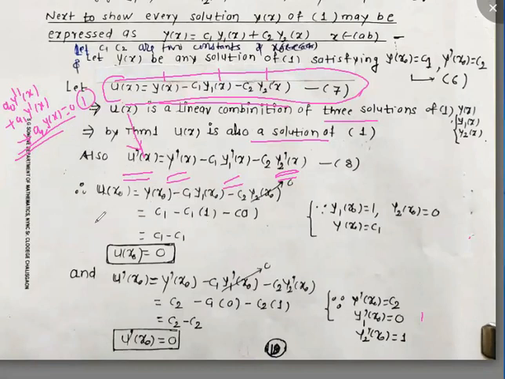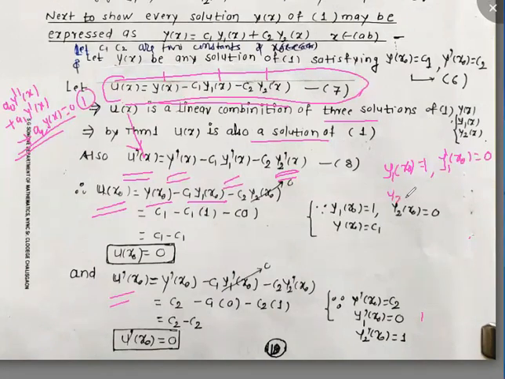Second thing, find out u of x0 and u dash x0. What is u of x0 in this equation? Put x equal to x0, we get y0 minus c1 y1(x0) minus c2 y2(x0). But y1 is a solution for which its value at x0 is 1 and the value of its derivative at x0 is 0.